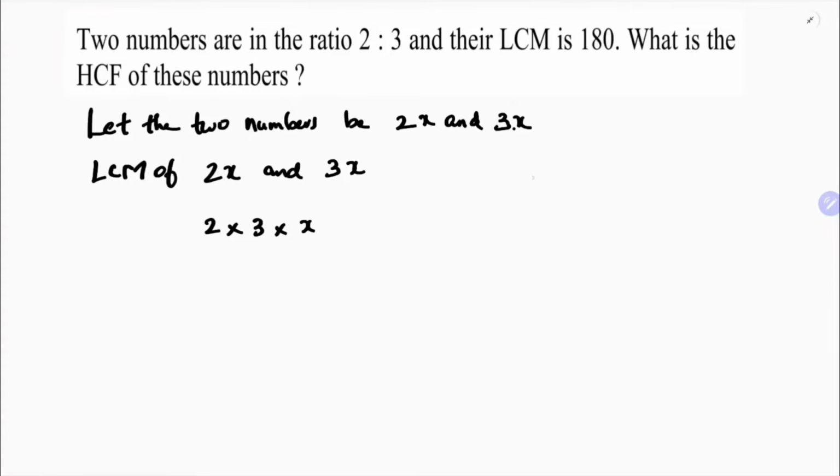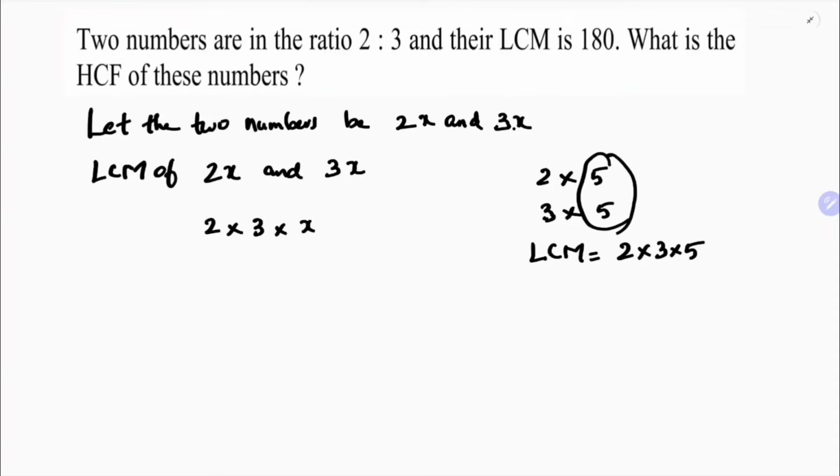Because see, if there are numbers like 2 into 5 and 3 into 5, you'll find the LCM will be written as 2 into 3 into 5, because if they are common, we'll write it only one time. So in this way, we'll do the LCM.